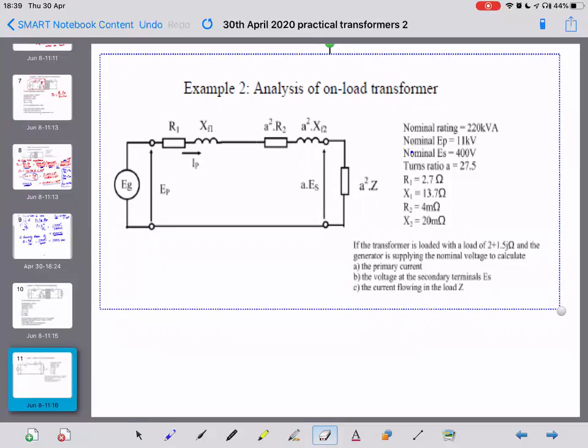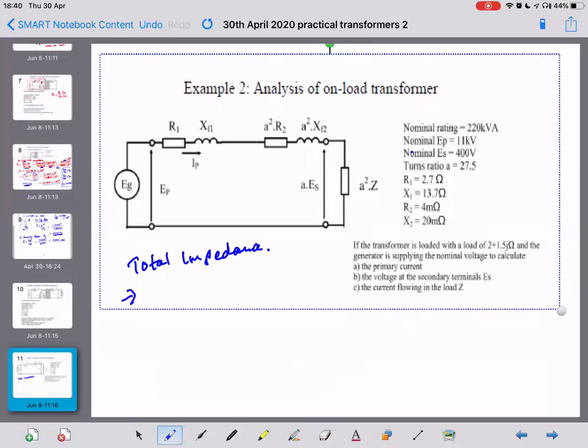So you're going to need the total impedance again, aren't you? Yeah, so the plan of action is total impedance. Then if you use Ohm's law, that'll give you the current.